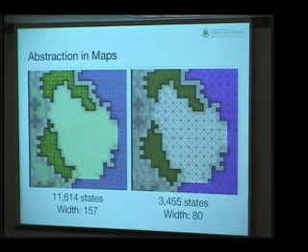In these mazes, this isn't the entire map, just a portion of it. The width of this state space is approximately 157 actions to get across, and when I apply the abstraction, it's divided by a factor of 2. So the theory here is fairly close to predicting exactly what's going on.